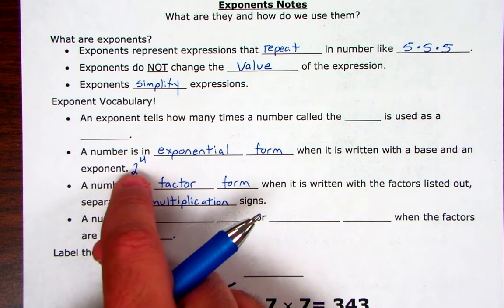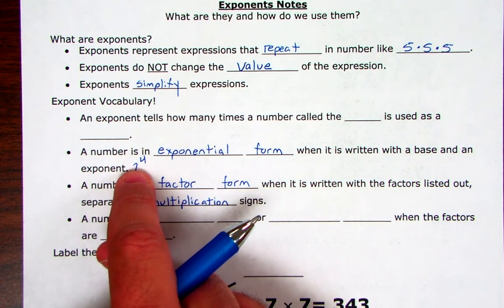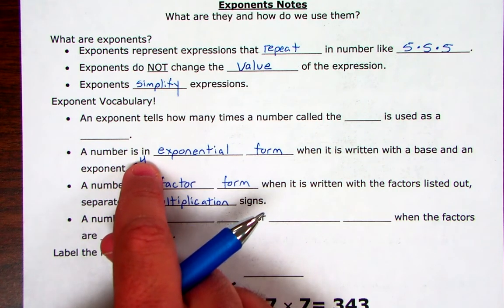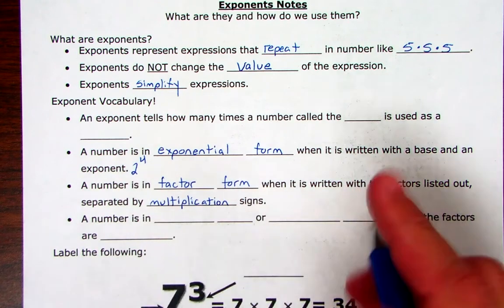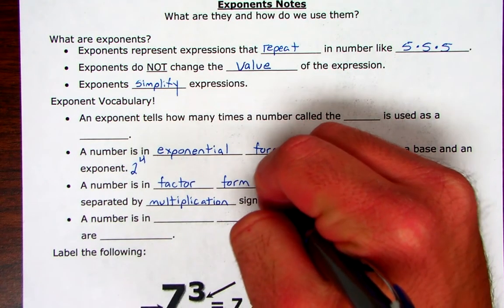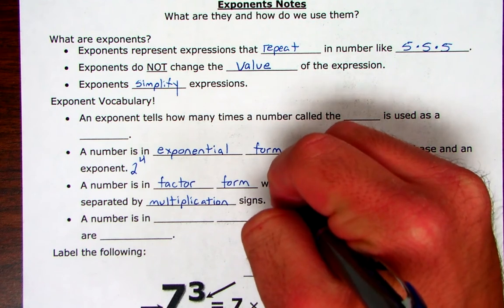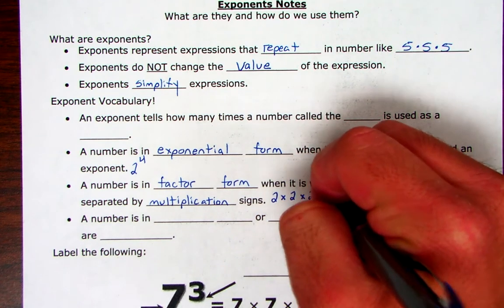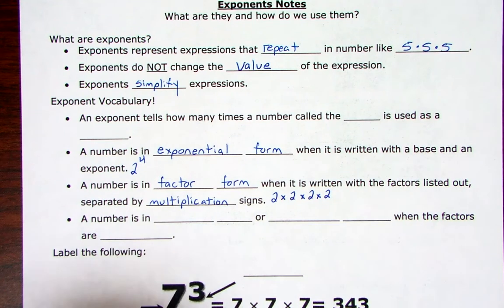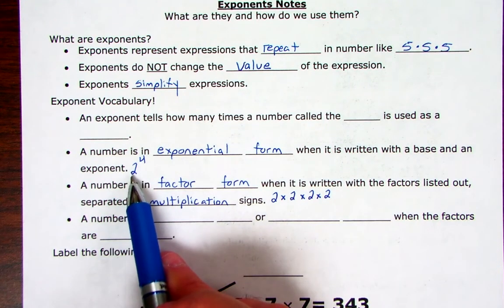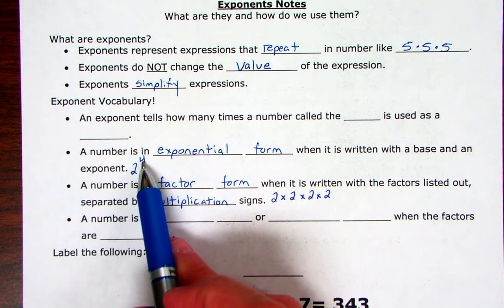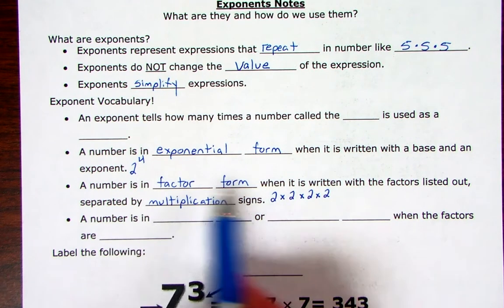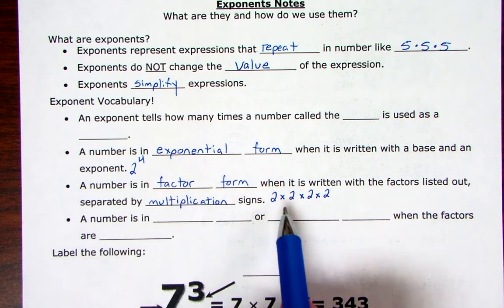So I'm going to have the base number 2, and I'm going to write it out 4 times. So the factored form would be 2 times 2 times 2 times 2. Notice my base number 2, and it is written 4 times. There it is. So exponential form, factor form.